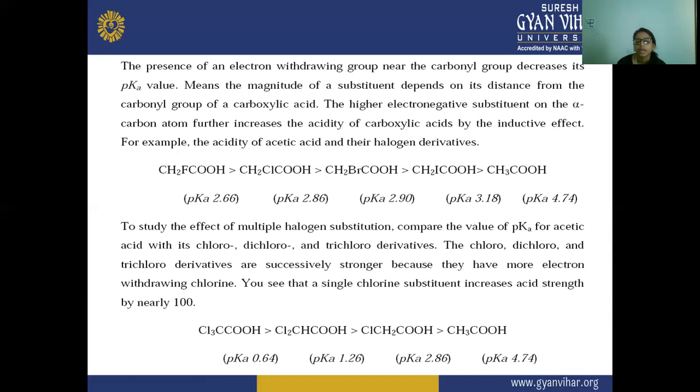Here three chlorines are attached to this carbon, and the pKa value is much less compared to two chlorines, and to one chlorine attached, and to acetic acid where no electron withdrawing groups are attached.